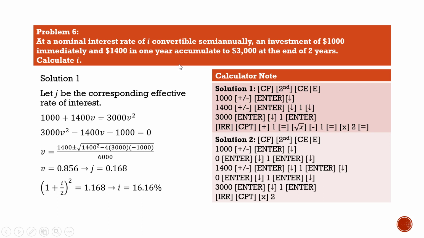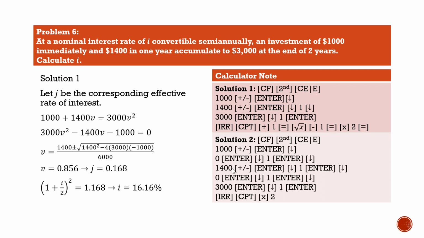Today is time 0, we pay $1,000, so $1,000 negative, and hit enter for the net present value at time 0. Then time 1 is basically half a year from today, not 1 year from today. So the net present value at time 1, that means half a year from today, is 0. And the net present value at time 2 is 1,400 negative because 1 year later you invest 1,400.